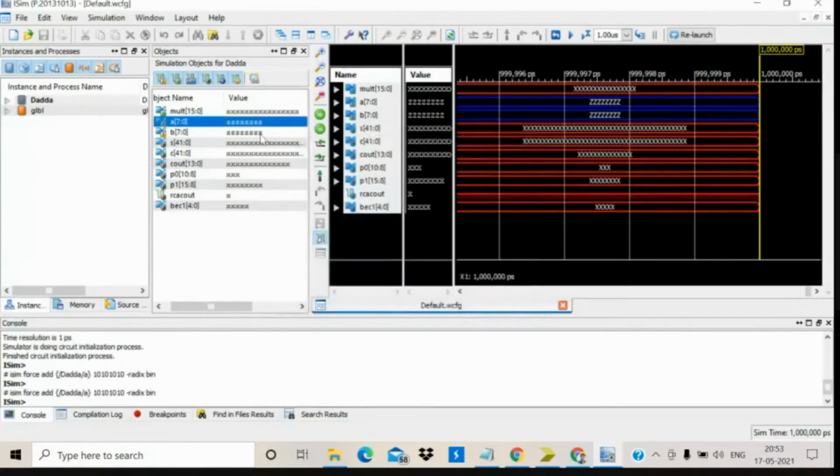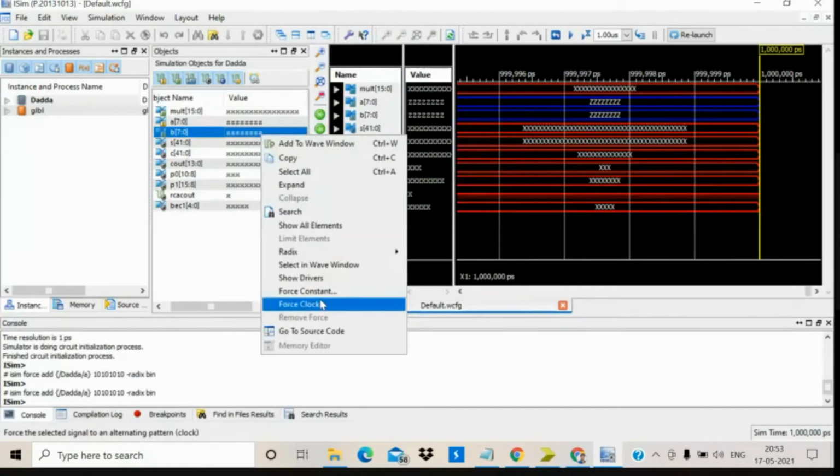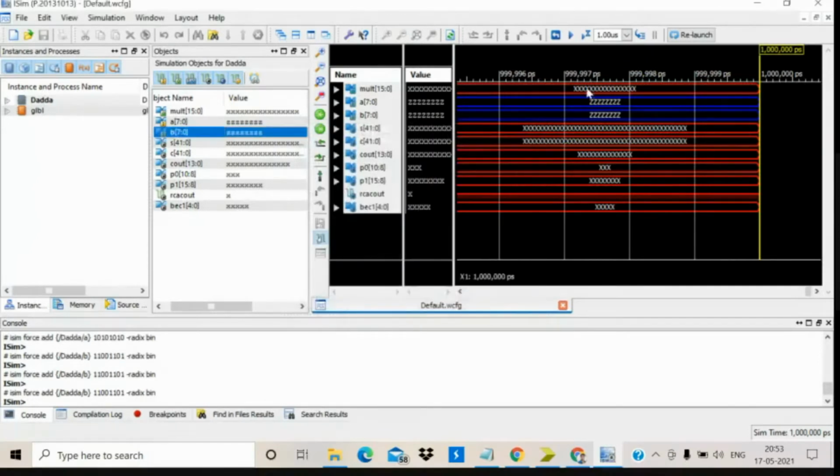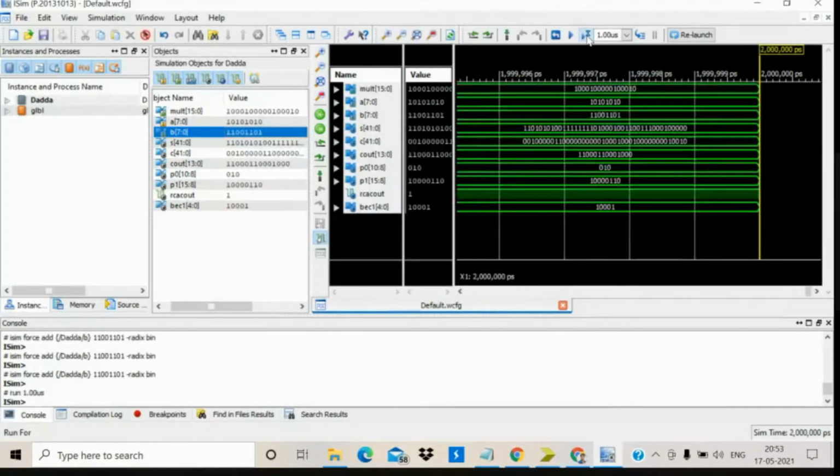Next, for the other input I am giving 11001101. By applying this, let me run this, guys. I got the output. That means it has performed the multiplication process.